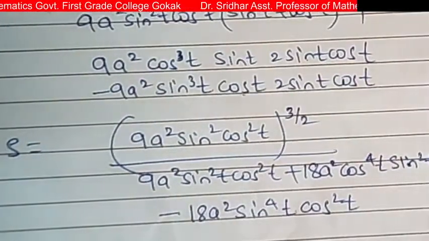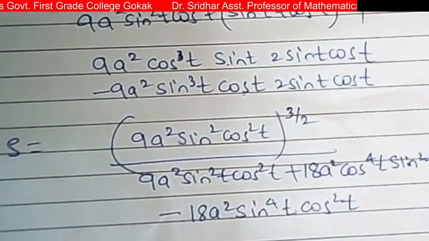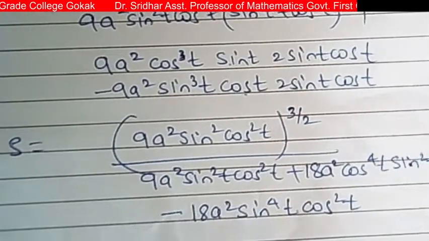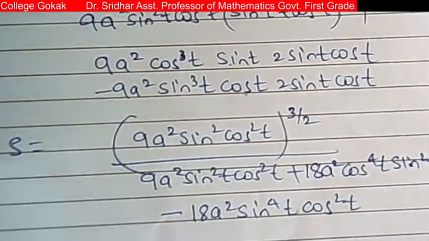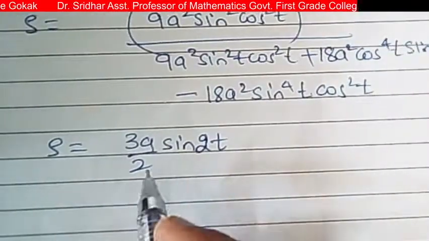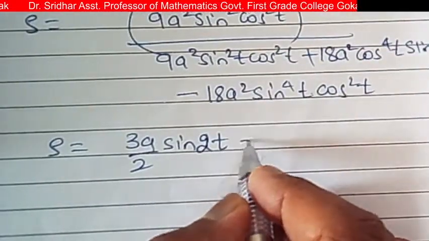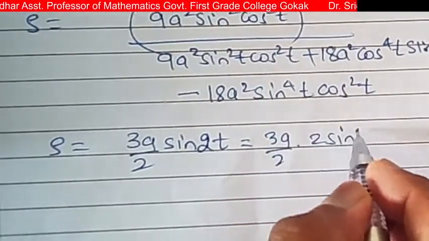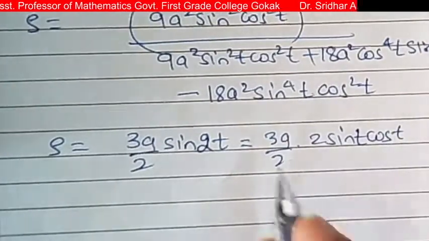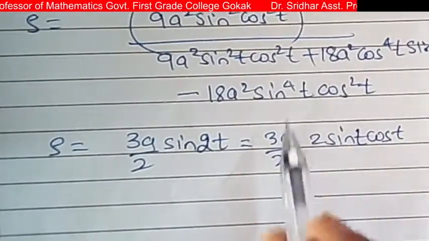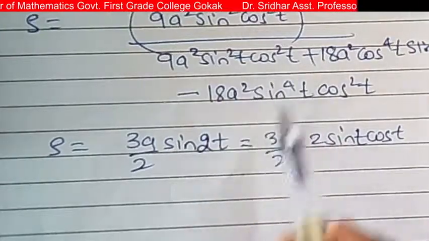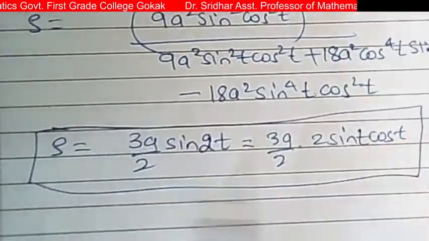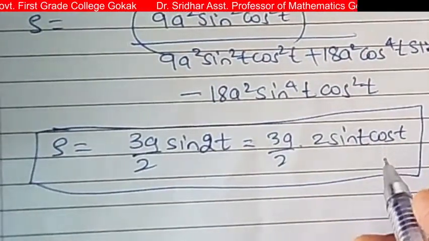After simplifying, I will get rho is equal to 3a by 2 sin 2t, or 3a by 2 into 2 sin t cos t. So you obtain this equation. Simplify this equation and you will get this result. So this is the radius of curvature in parametric form for the given curve.